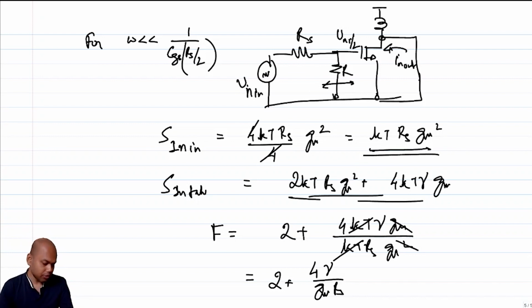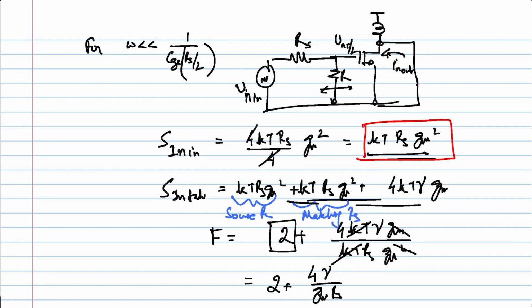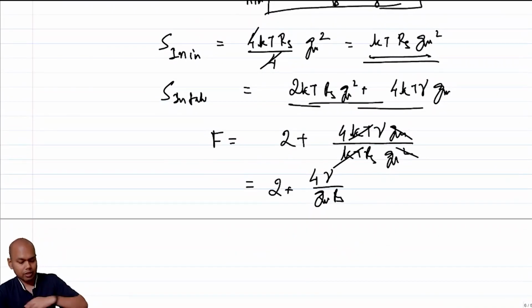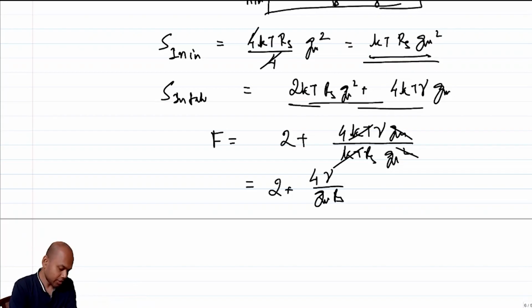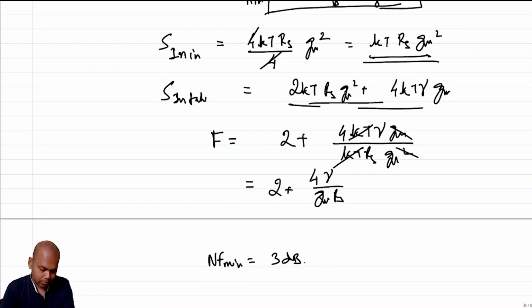Okay. So now you see what is the minimum noise figure that you can get? Let's say you design your Gm, since RS you cannot change, such that Gm RS is much greater than 4 gamma. So naturally your minimum noise figure that is possible is 3 dB, right? So 10 log 2 is 3 dB. So that is the minimum noise figure that you can get.